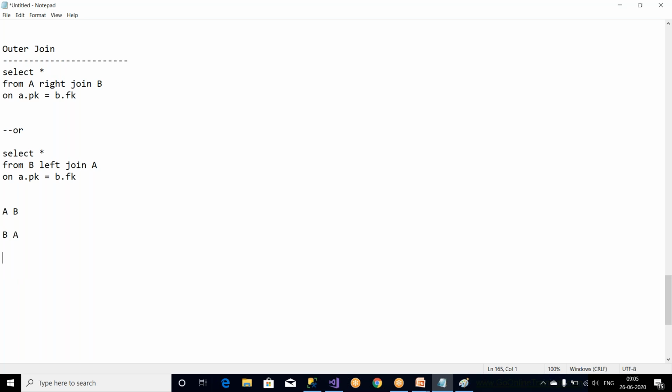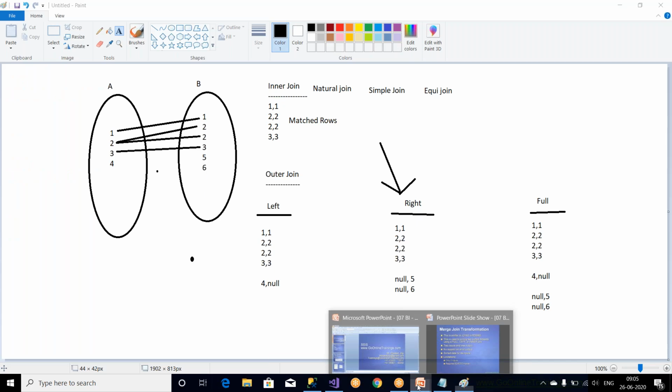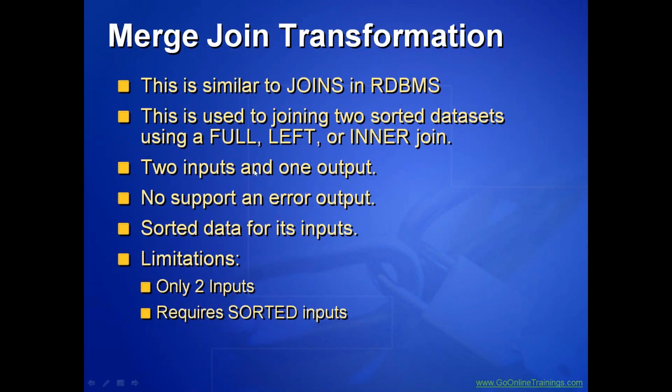Clear? So what SSIS is telling me is I can use a maximum of two tables, right? So two inputs only are supported. So I need not go in for right. Left and full I need, but no right is required, because instead of right, I say B left A instead of A left B, since I'm going to be using two tables.